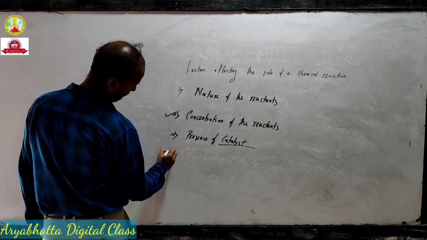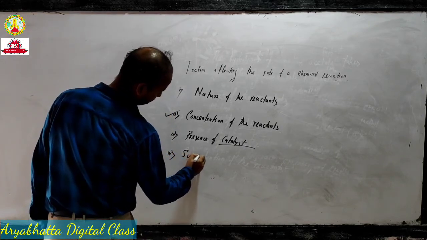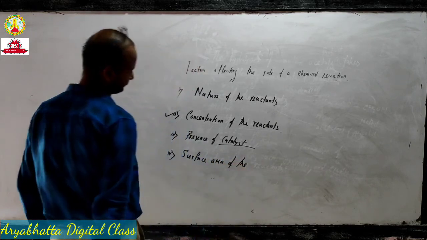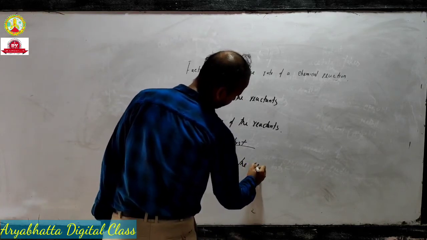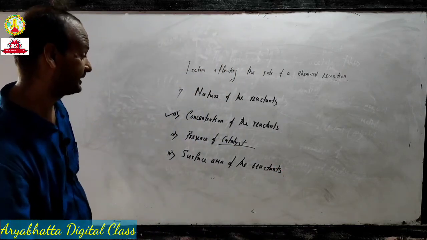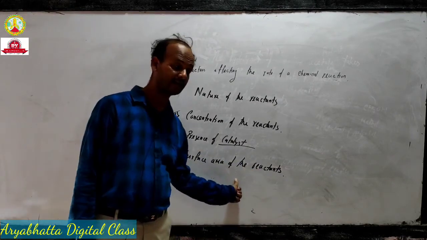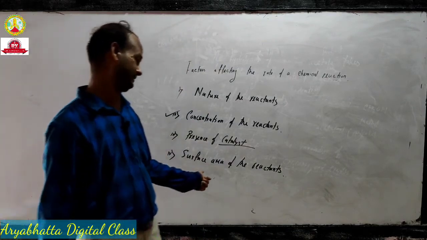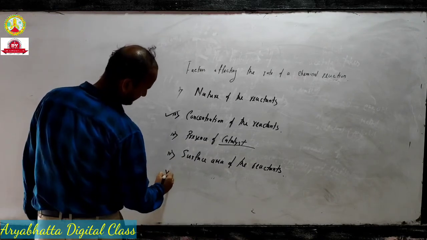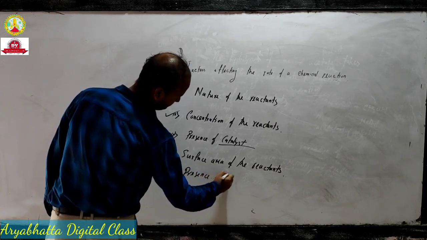Number four, surface area of the reactants. In this case, generally solid reactants are considered, and also solid catalysts, because I have already written this term, surface area. If the reactant or catalyst is solid, then you can clearly understand this concept. And number five, presence of light, a very important factor.